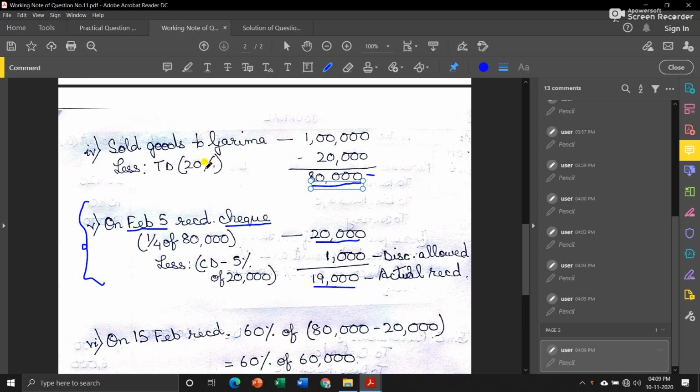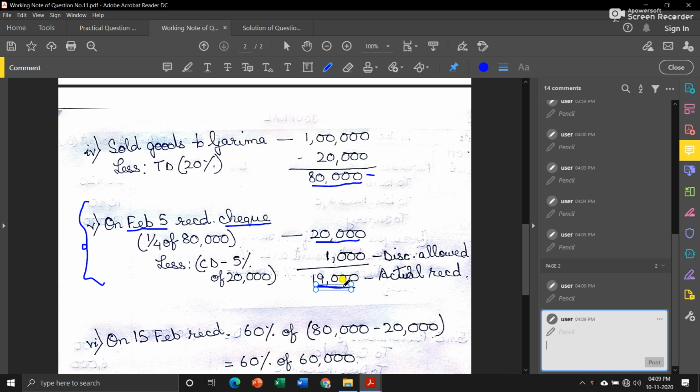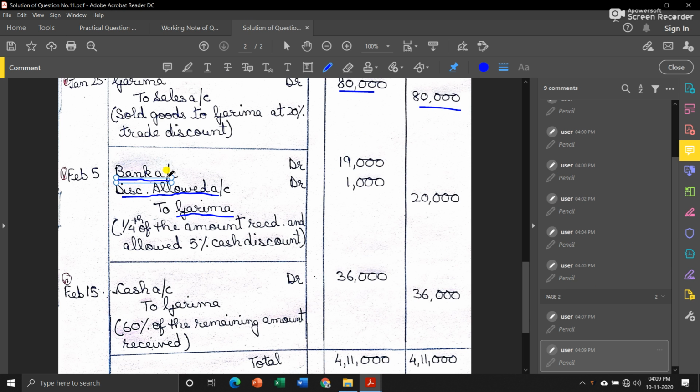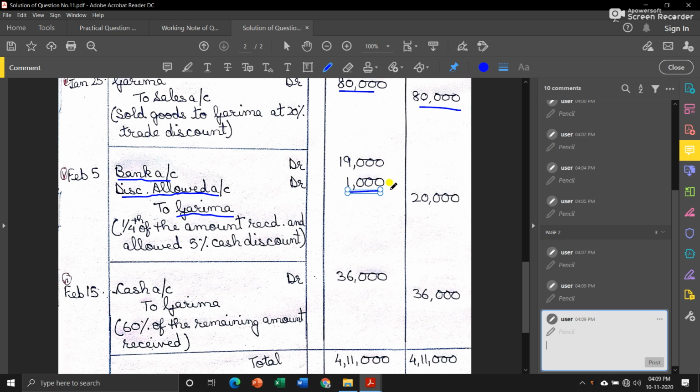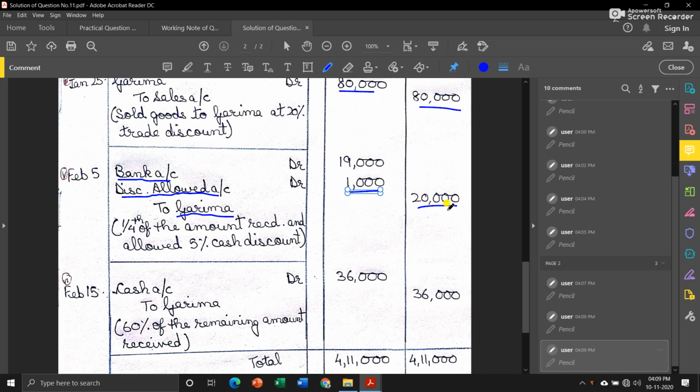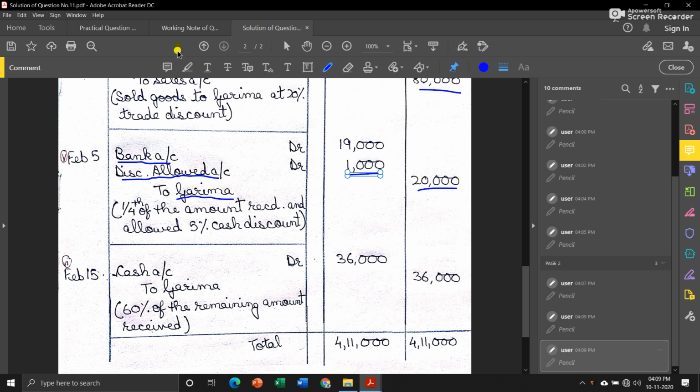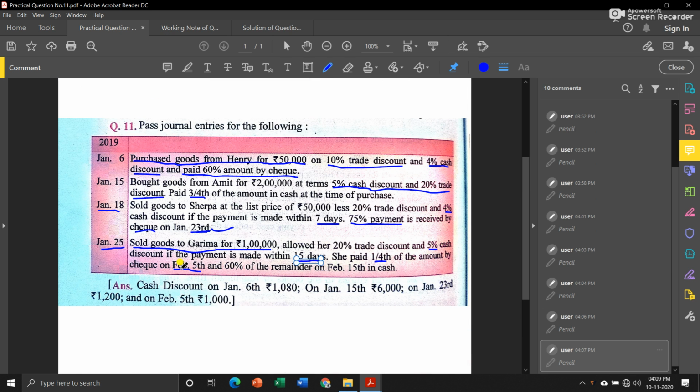In the working note, after deducting cash discount, 19,000 is the actual amount that we will receive. That means in bank we receive 19,000, discount allowed is 1,000, and altogether that 1/4 part was 20,000. You have to make sure that your debit and credit sides are equal after every transaction. Then for February 5th, it's over. Till here we have finished.